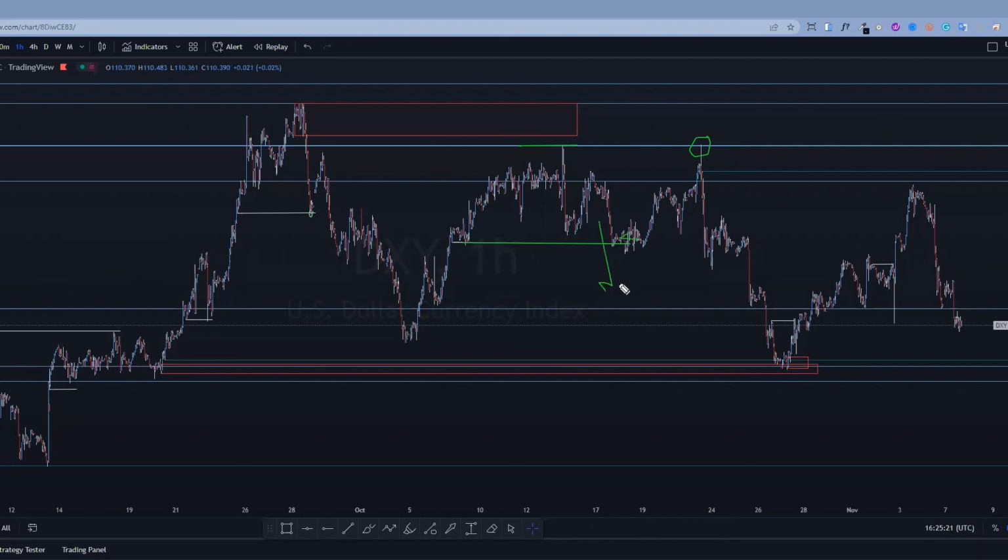There's a chance that price wants to actually go further down. Then it's a question of where we are, and if where we are at this point is a good level to look for that short to maybe capitalize on all this move.